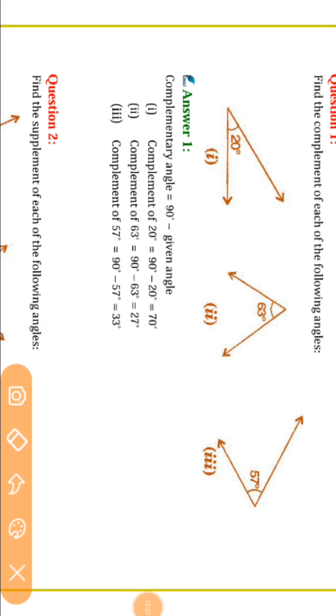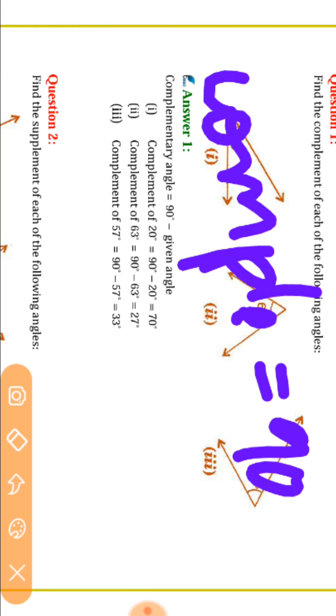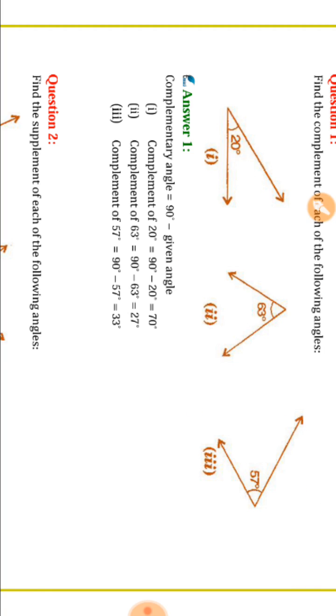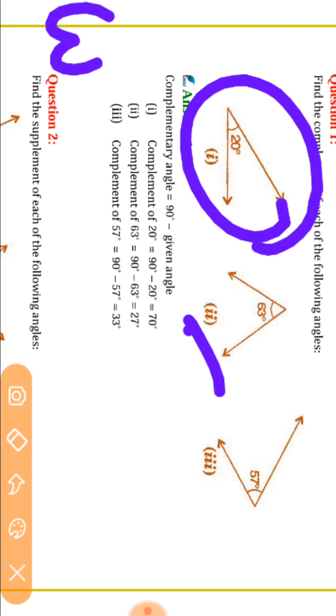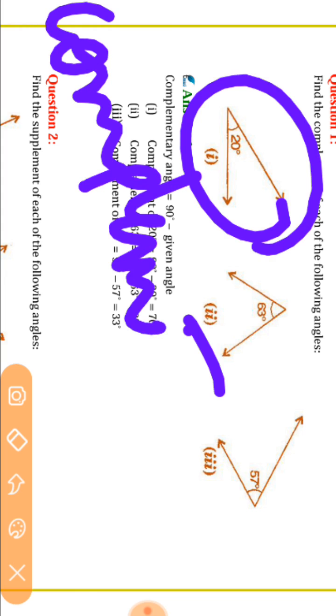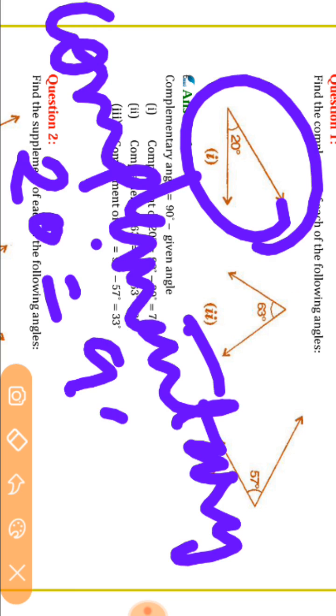So how will you write it? Complement of a given angle is equal to 90 minus the given angle. So if you want to find the complement of 20, the complementary angle of 20 is equal to 90 minus 20 degrees.